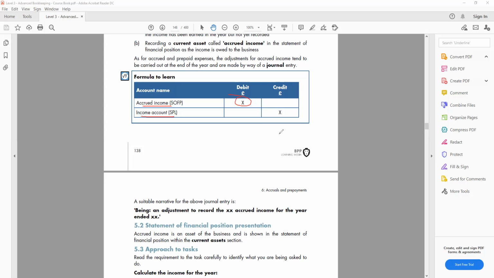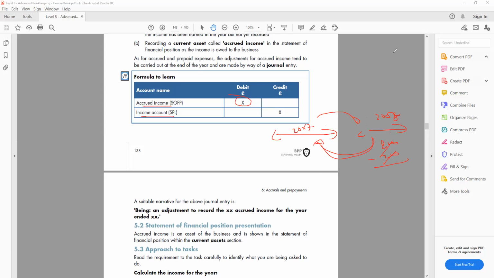So for example, for the income of 2007, if you receive the money in 2008, you still need to bring it back to 2007. Obviously, in 2008, when you receive the money, let's say £2,000, at that time you minus £2,000 and cross it out because that is not relevant to that period, but for the time being, you bring it here.